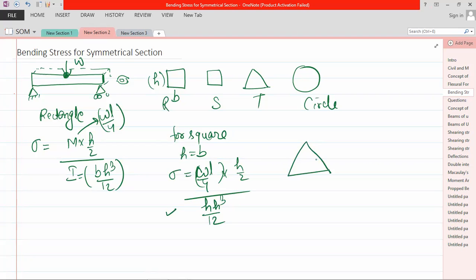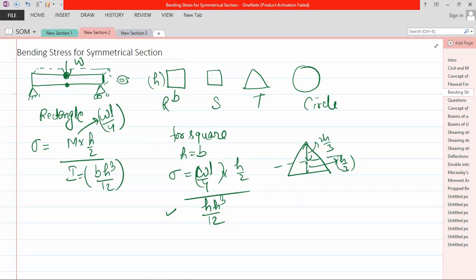Now for triangle. For triangle, you know that the center of gravity is 2h by 3 from the top and h by 3 from the bottom. So if a beam is drawn like this way and the cross section is a triangle, you cannot say that at this point and at this point the stresses are same. Now how?